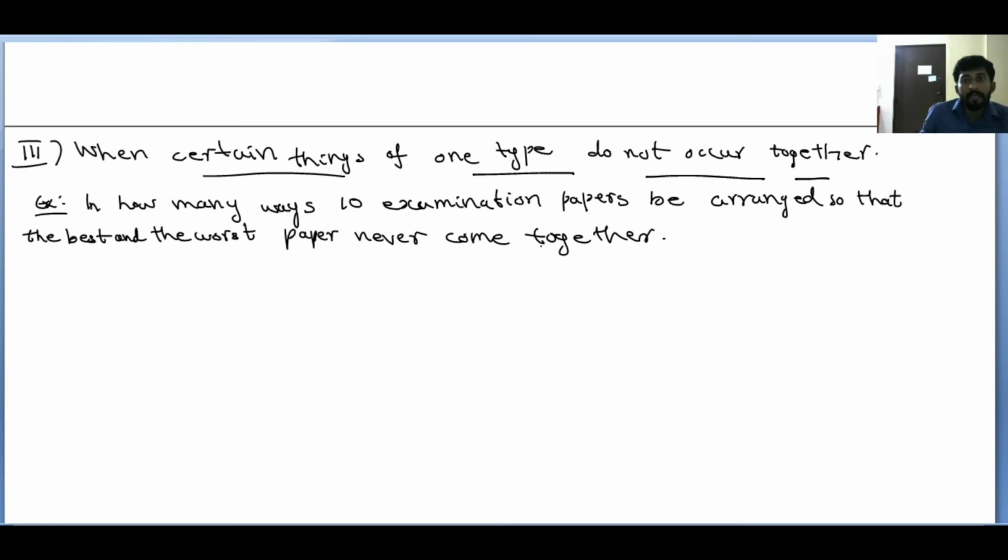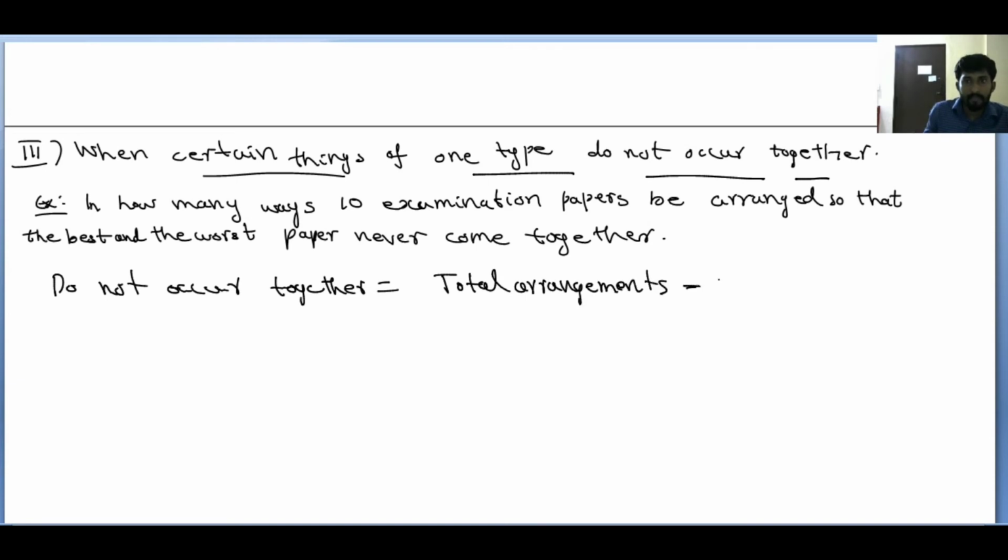See the example. In how many ways 10 examination papers can be arranged so that best and the worst paper never come together. Whenever this type of condition occurs, remember the formula: do not occur together equal to total arrangement minus occur together.